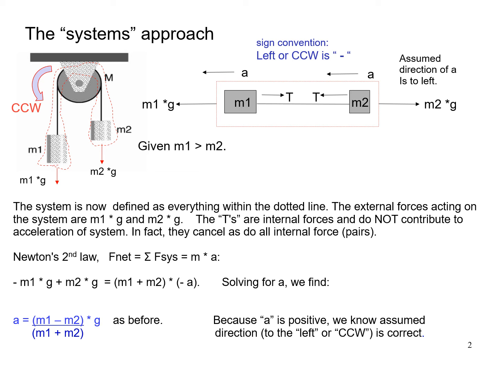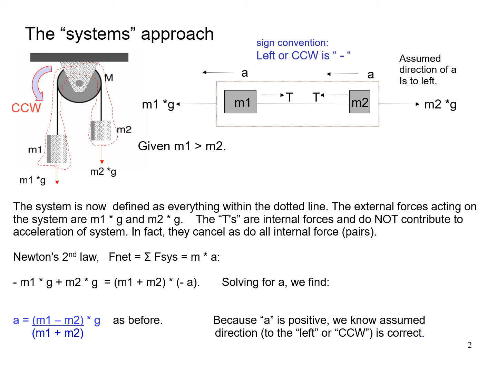So, what about our internal forces? Well, the beauty of the systems approach is that they can be ignored. That is, the two tensions are equal and in opposite directions, so they cancel. Mathematically, we saw this canceling occur when we added the two equations to solve for the acceleration a in a previous video.